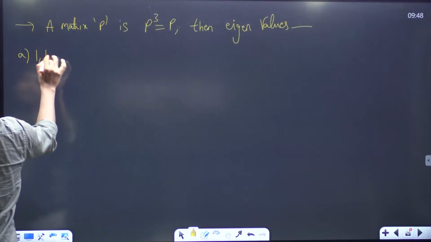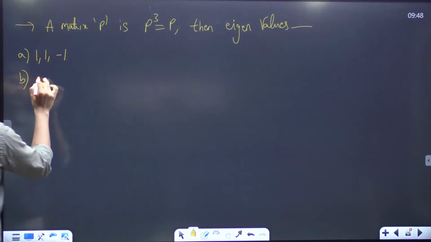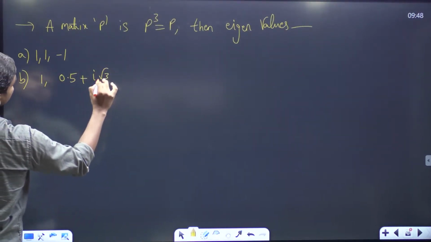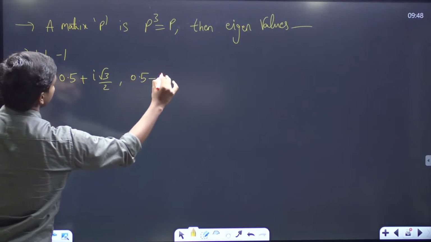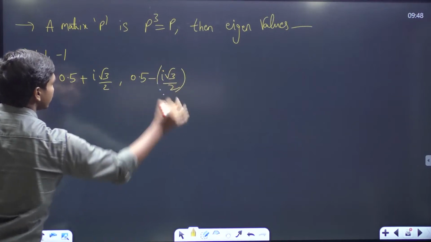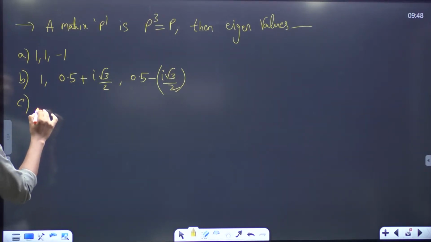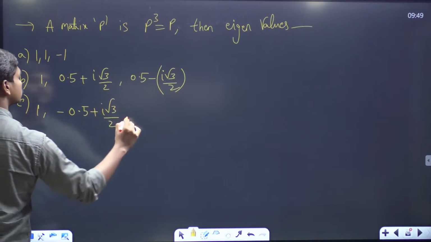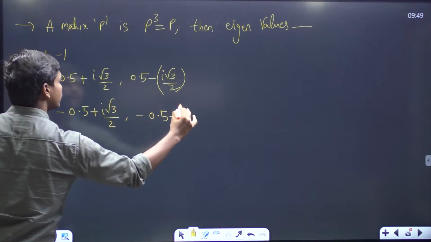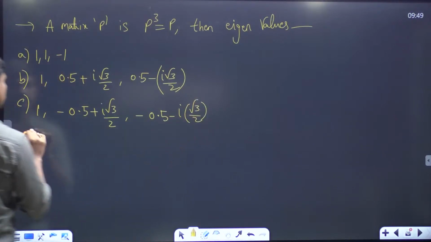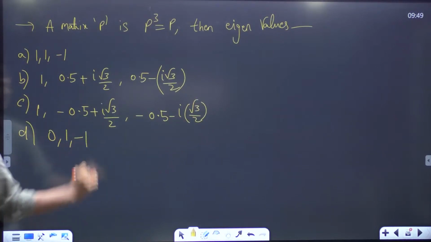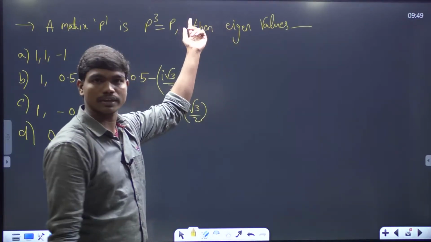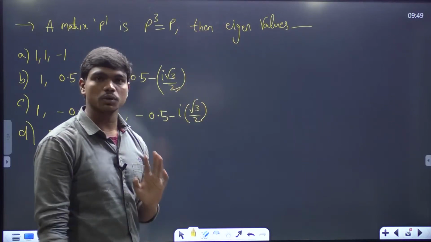Options are something like 1, 1, minus 1, and B is something like, I guess, 1, then 0.5 plus i into root 3 by 2, comma 0.5 minus i into root 3 by 2, means 0.866 value is actually root 3 by 2, and C is, I think, 1 comma minus 0.5 plus i root 3 by 2, and this is minus 0.5 minus i into root 3 by 2, and one answer is 0 comma 1 comma minus 1. Now this is the question. Actually in GATE examination this is the actual question. There is no excess part. Okay, but this question was asked in 2016.